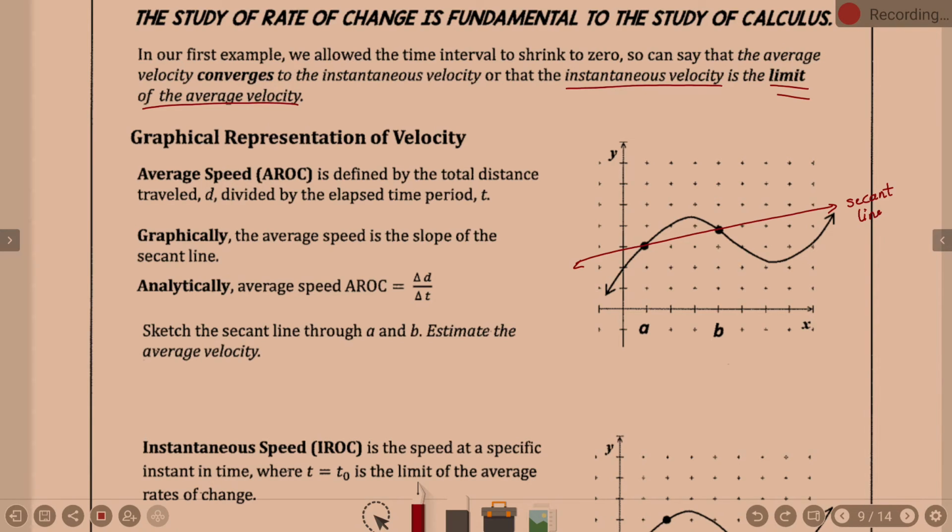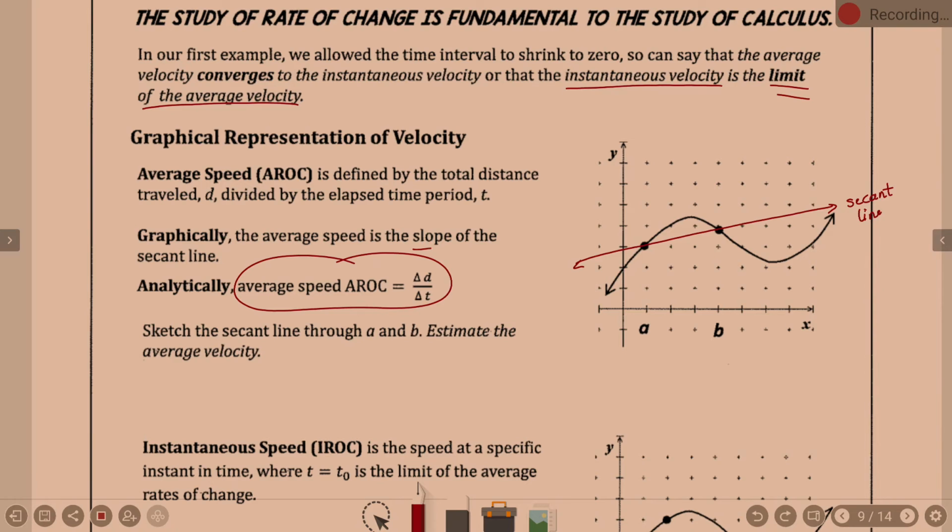The slope, right? If it wants us to find the average velocity, well, average rate of change is your average velocity. So delta D over delta T, or in this case, slope of the secant line.